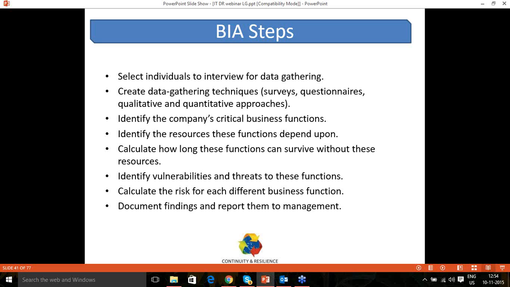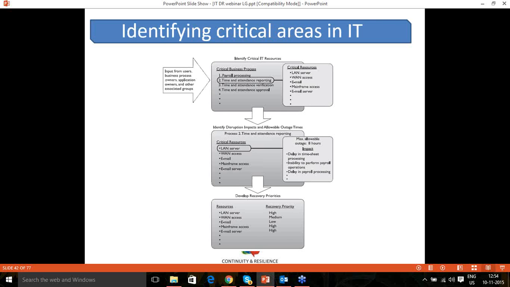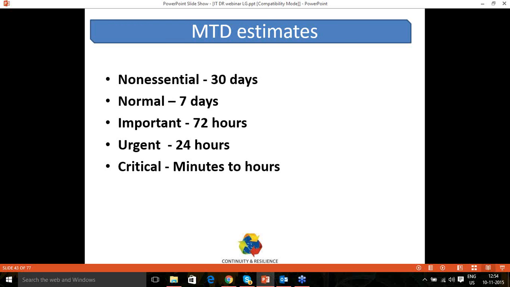So you identify what can go wrong and how much time they would have to come back to normalcy. So that is how you identify critical areas in IT. Wherever there is more dependency, that becomes more critical. Wherever you can have business losses, that will become critical. So identify your critical areas.